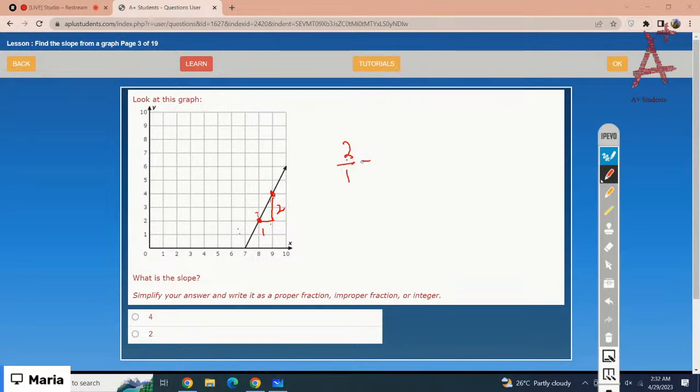So it will be 2 over 1 and that equals 2. Got it? So the correct option is 2.